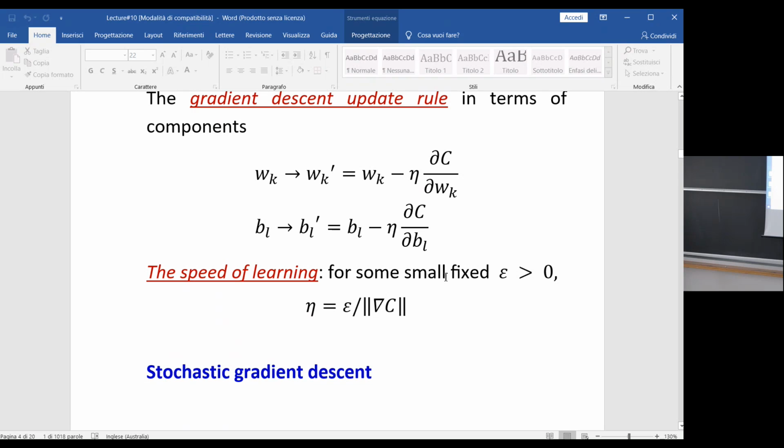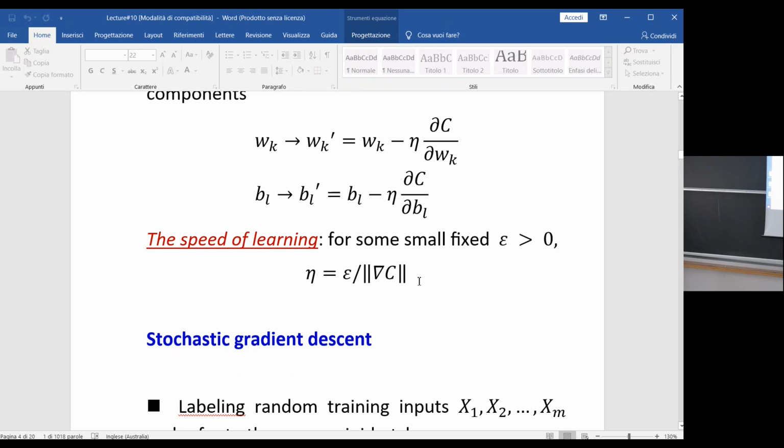So for some small fixed epsilon, positive but as small as we want, we define eta as epsilon divided by the norm of nabla C. Nabla C is the vector of all partial derivatives dC by dw_k and dC by db_l. So it is a very long vector, yes, and the norm means the Pythagorean length of this vector, the square root of the summation of the squares of the components.